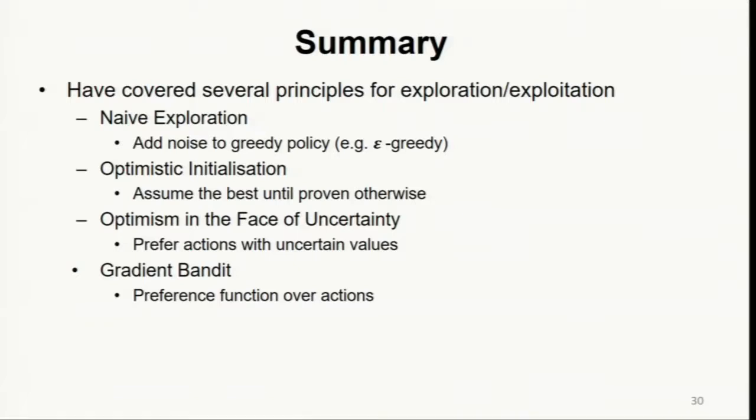The first one is naive: you just take the average and pick the one with the best average. Then you have optimistic initialization. Or you consider average and uncertainty at the same time. If you haven't tried an action enough, you want to explore it with higher uncertainty values. The gradient bandit algorithm is preference function based.